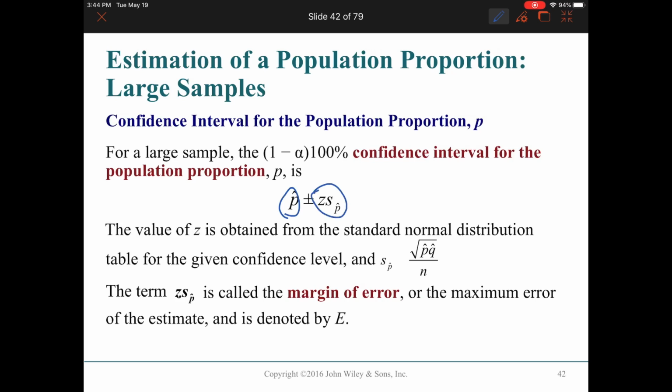It still has a margin of error. It still has your mean, so to speak, p hat, plus or minus an error, which we'll get to in a second. The 1 minus alpha also kind of relates alpha to the kind of confidence interval. So let's go ahead and list them together. If you have a 90% CI, alpha is equal to 0.10.